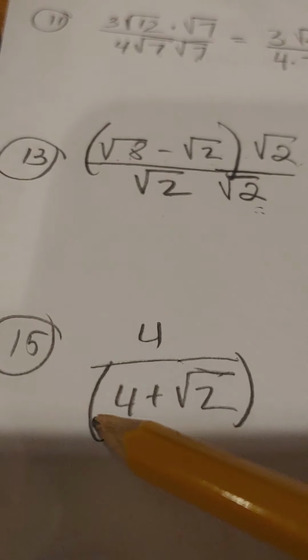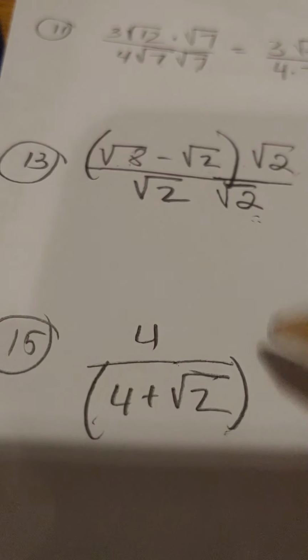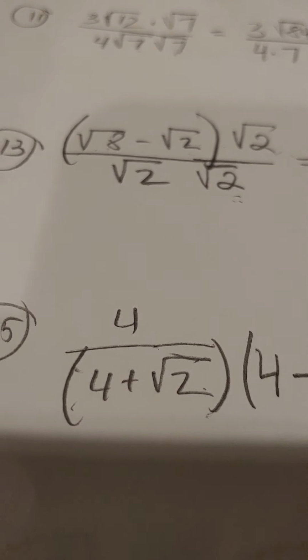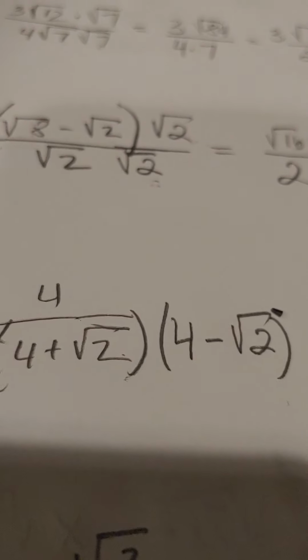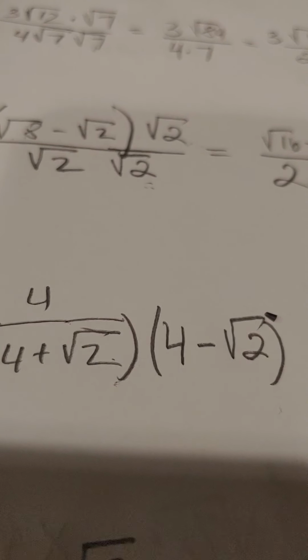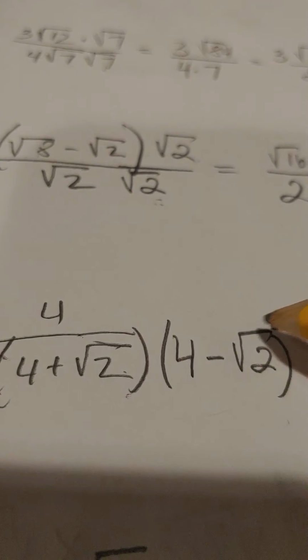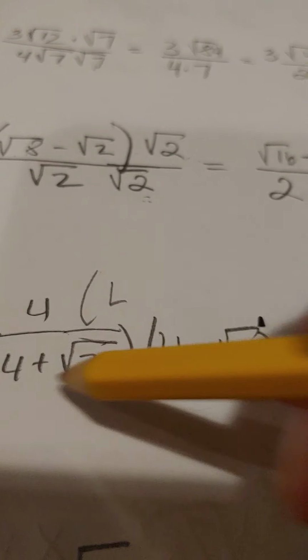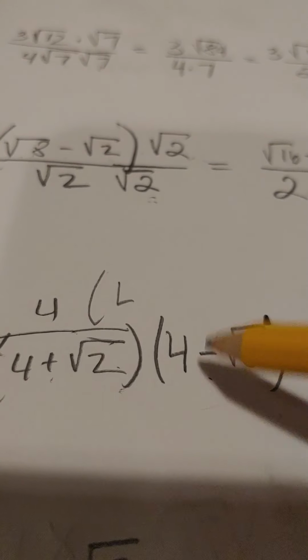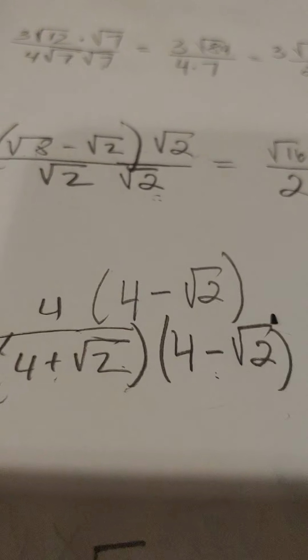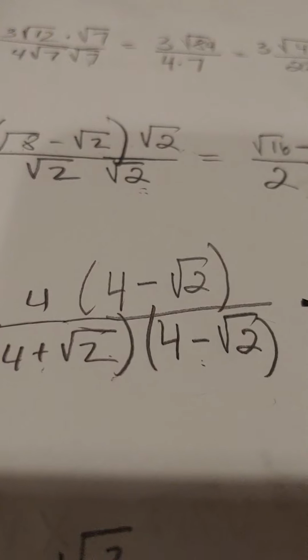So we're going to put parentheses around these two terms, and we're going to multiply both terms by the opposite. We see plus here, so we have to multiply by the same thing but minus: 4 minus square root of 2. On the top, we have to do the same thing.